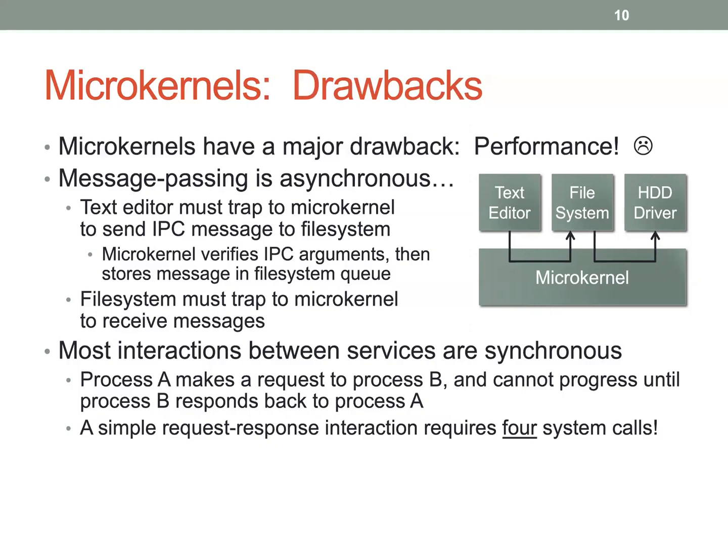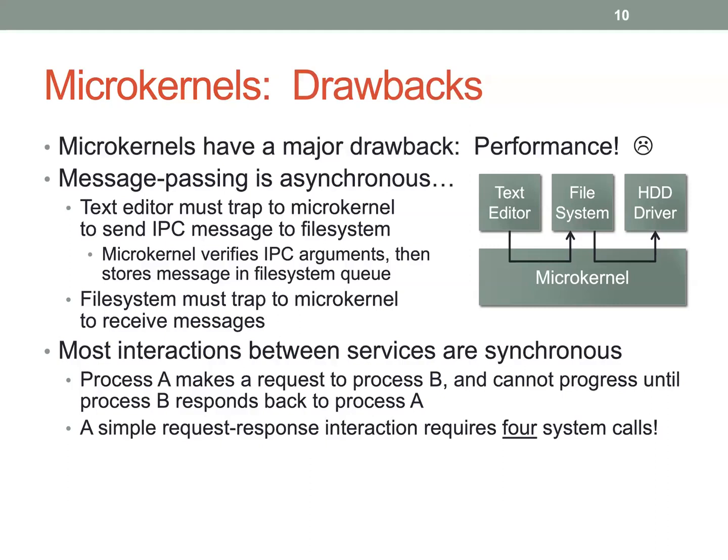Yet in our approach with this asynchronous message passing mechanism, we have to do four system calls. We do a system call to put the message in. We do a system call to see if we got a message back, and that call can block. But then on the other side, the file system has to call into the kernel to say, did I get any messages? And it gets a message. And then it has to call back into the kernel just to pass a message back to the text editor. So that's four system calls now that we have just to implement this request-response interaction.